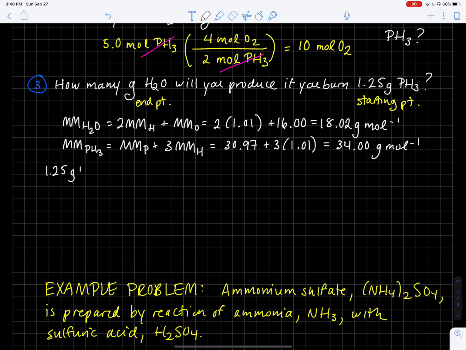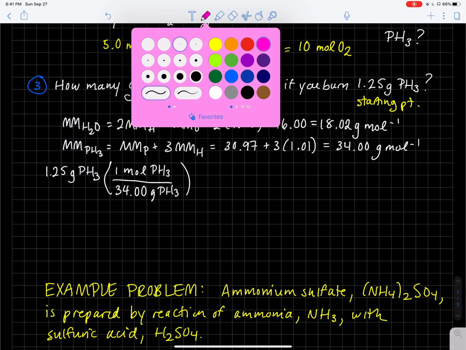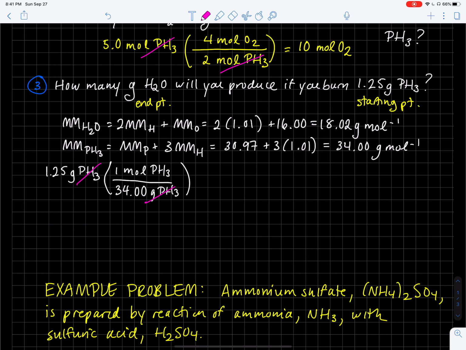So I start with my starting point, 1.25 grams of phosphine. To convert it to H2O, I have to get to moles. So I'm going to put 1 mole of phosphine on the top, so the grams of phosphine cancel. And again, I think it's really helpful to take the time to write the substance. So now my grams of phosphine will have canceled.